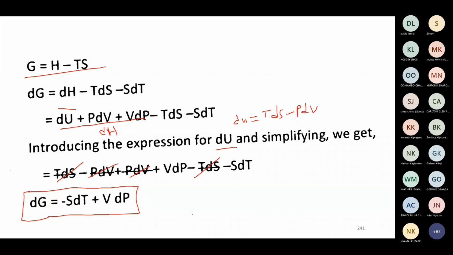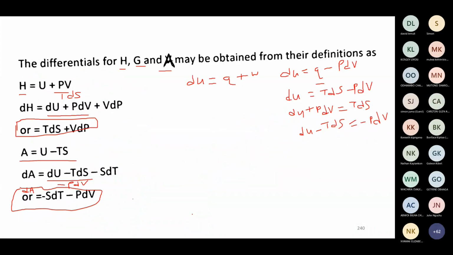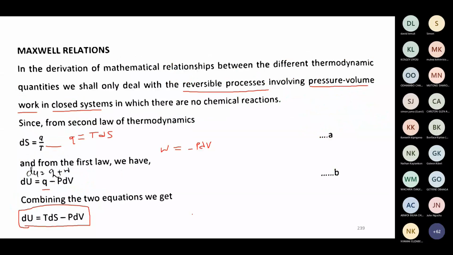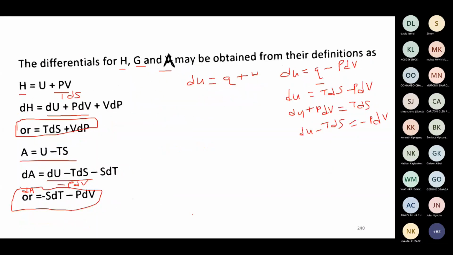Remember we are having four expressions: this one for dG, this one for dA, the third one for dH, and the first one for dU.